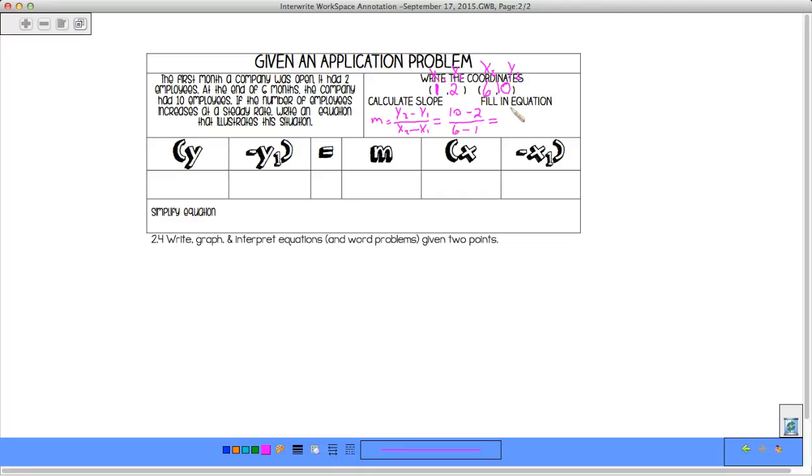So 10 minus 2 and 6 minus 1. So we've got 8/5. And we have x minus our x1 was 1. Our y1 was 2. So that gives me y minus 2 equals 8/5 times x minus 8/5.